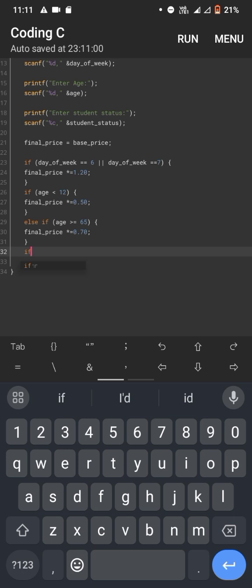The price is multiplied by 0.70. So that's why, if age is greater than or equal to 65, the final price is multiplied by 0.70.